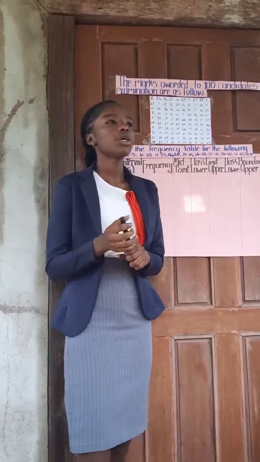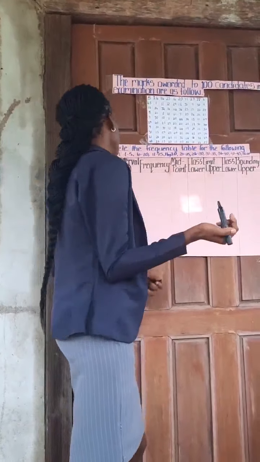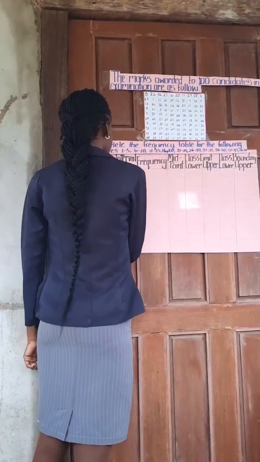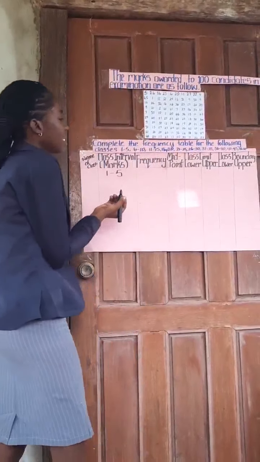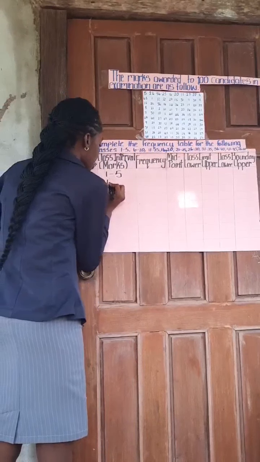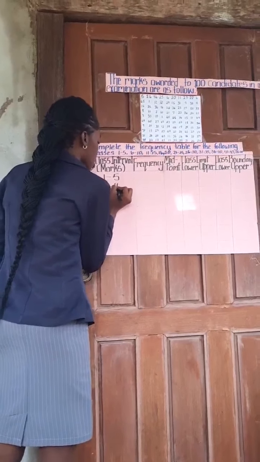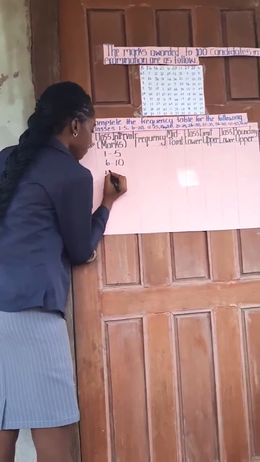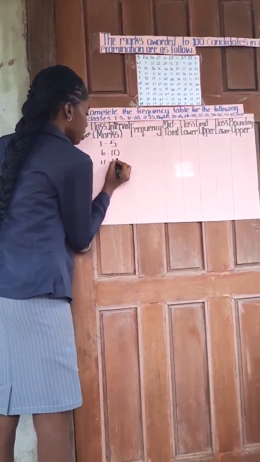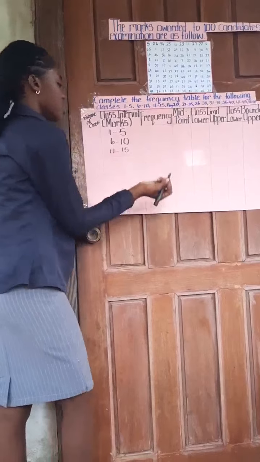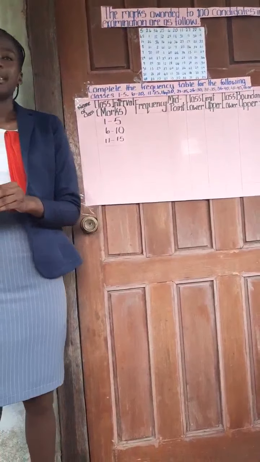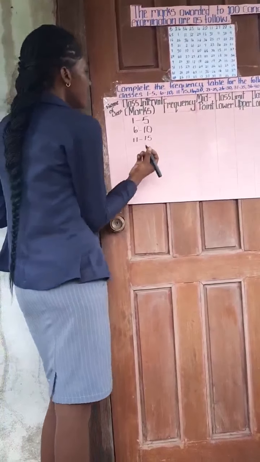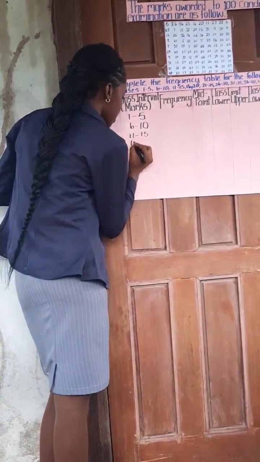Good. So what is your first class interval? Yes, 1 to 5, then 6 to 10, then 11 to 15. Yes, Jasmine. And then 16 to 20.